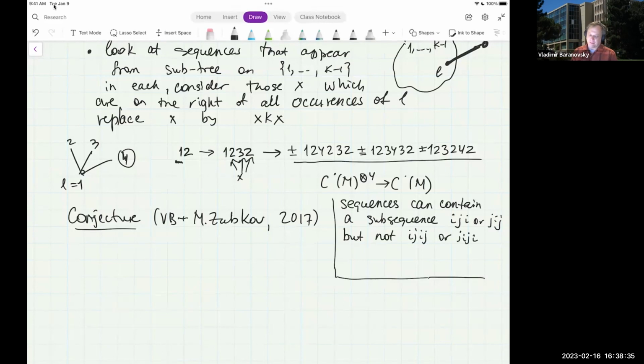As we move along, for instance, we could pay attention to values 2 and 4, and in the middle sequence we have 2, 4, 2, so that's allowed, but we never see 2, 4, 2, 4 as a subsequence of that.